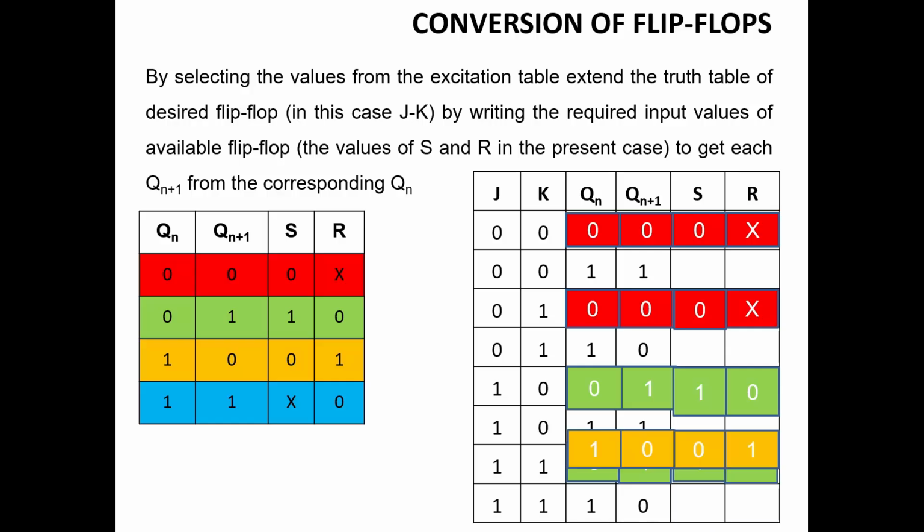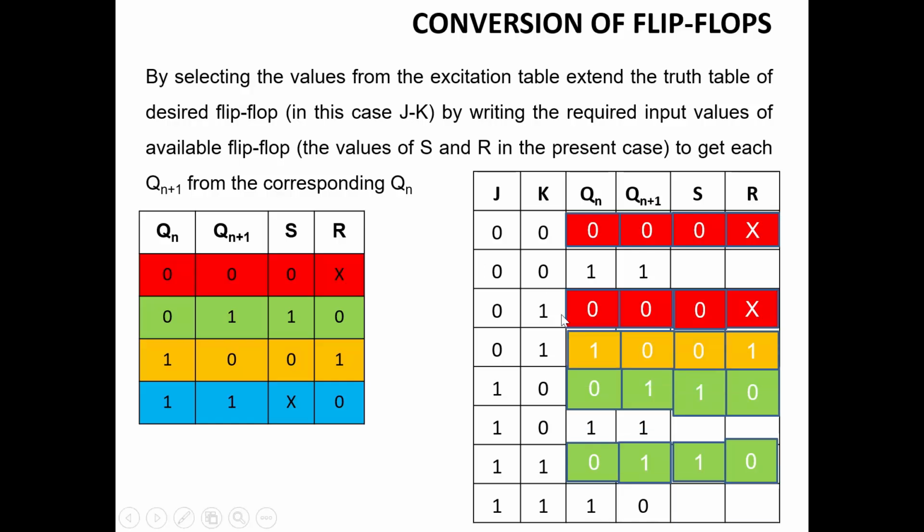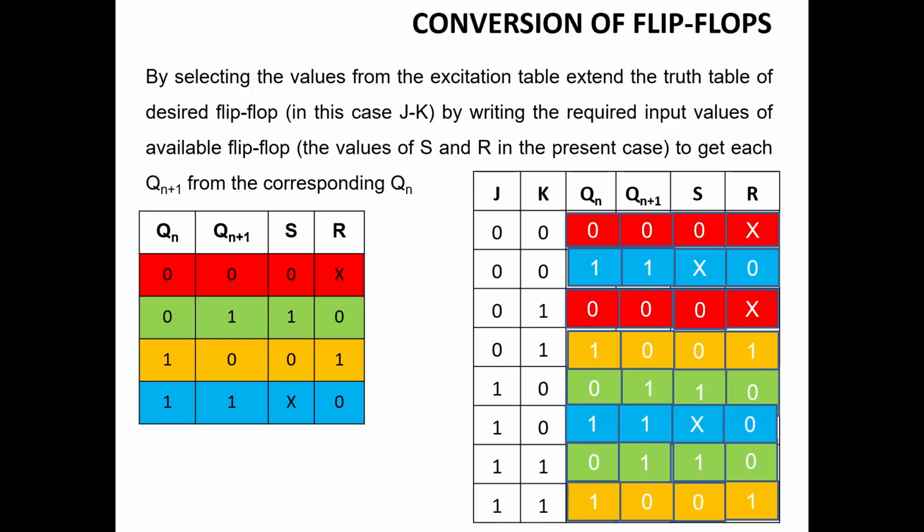For 1 to 0 transition, the value of S should be 0 and for R it should be 1. For 1 to 1 transition, the value of S can be anything and it must be 0 for R.